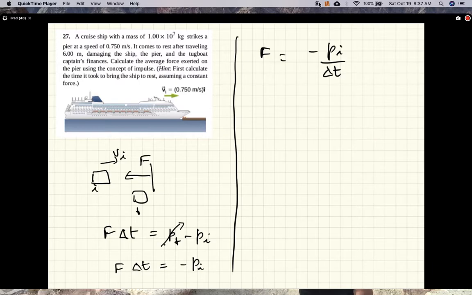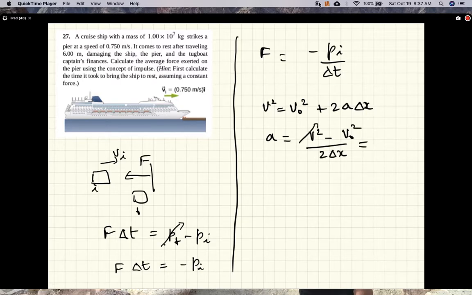Well, this will be a two-step process. v squared equals v naught squared plus 2a delta x. We'll solve for the acceleration. Acceleration is v squared minus v naught squared over 2 delta x. The final velocity is 0.